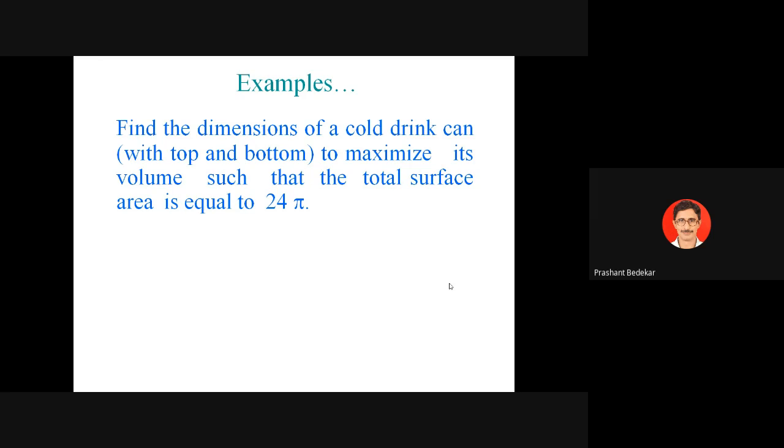The sheet available to make the cold drink can, including top and bottom, has an area of 24 pi. With that given sheet of metal, you have to design the can such that the volume will be maximum. Trying to maximize: optimization.